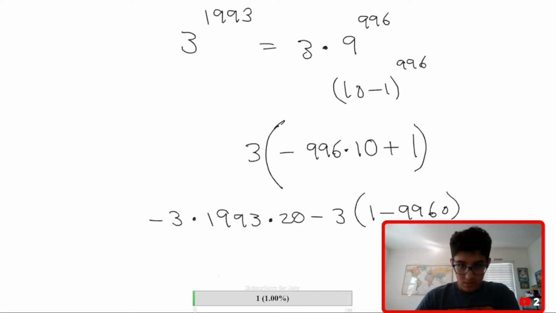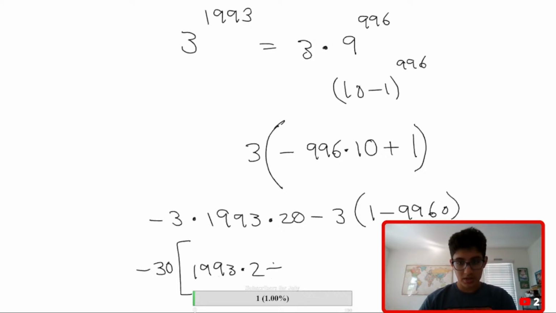Okay. We can take out a 10 from everything, right? We can take out a negative 3 first of all. So let's take that out completely. Negative 30 actually. This gives us 1993 times 2 plus, no wait, we can't take out a 10 yet. Never mind. So just ignore that.